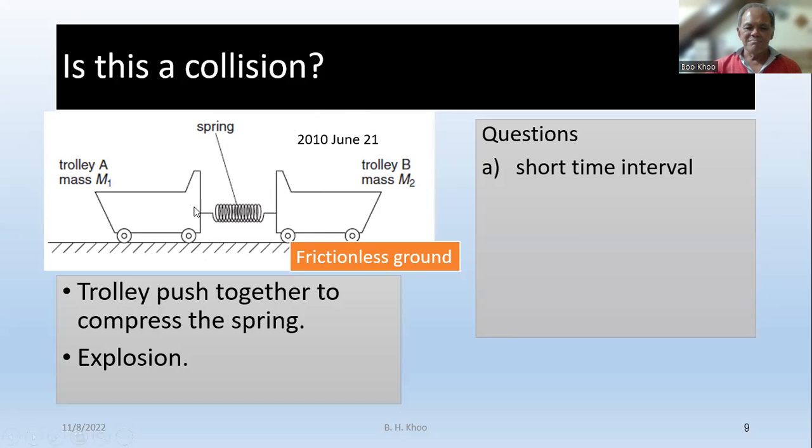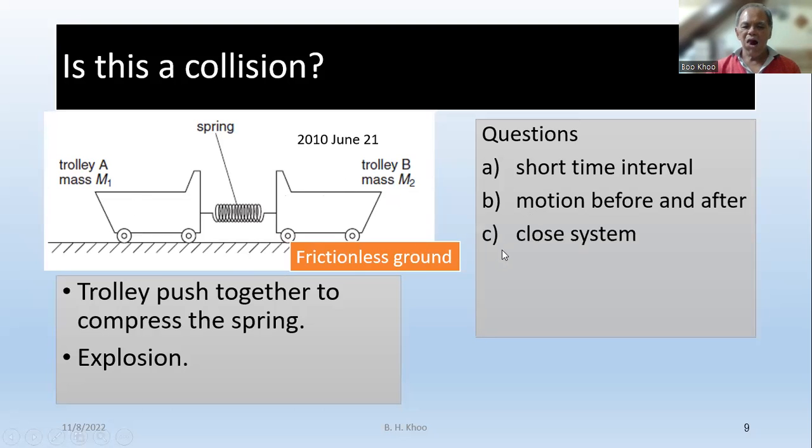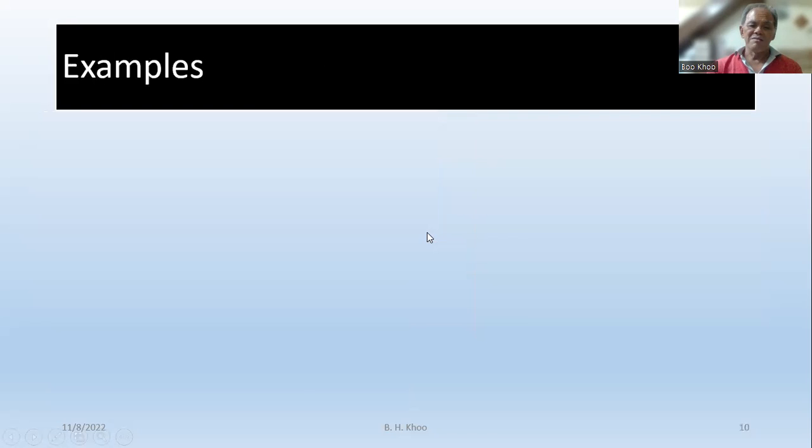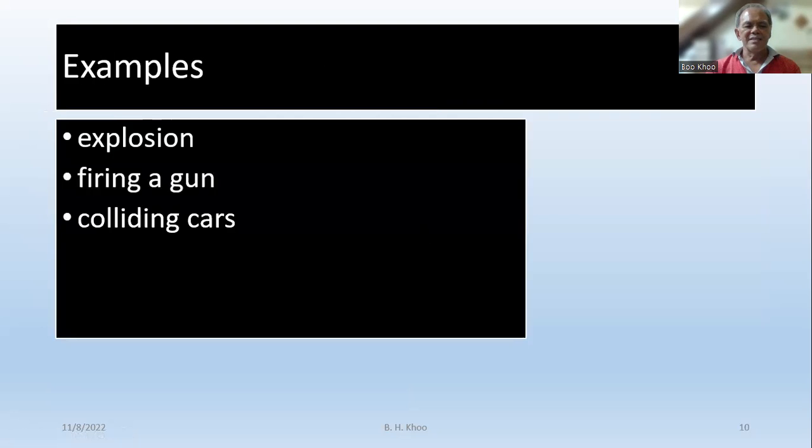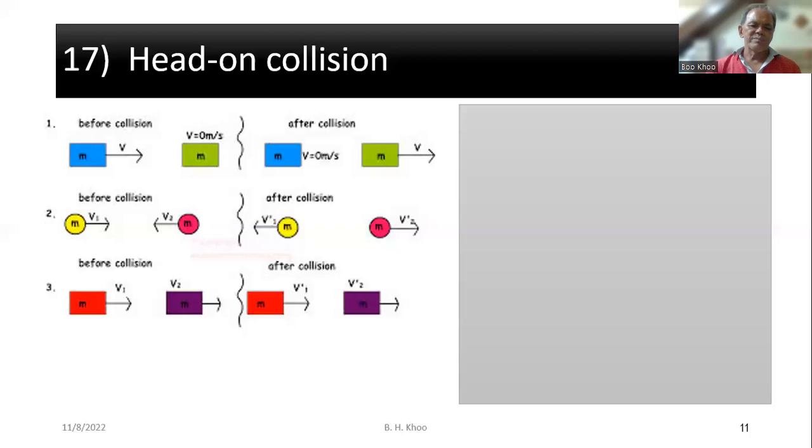Compress it, let go, and it will shoot off in two different directions. Motion before and after is different. Initially it's not moving. It is a closed system if there is no frictional force. So examples of interacting bodies are an explosion, firing a gun, colliding cars, and radioactive disintegration.